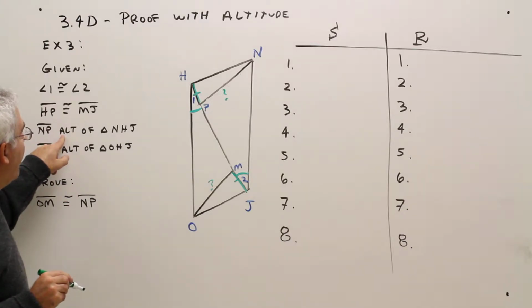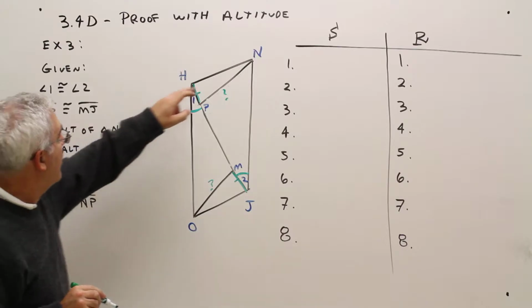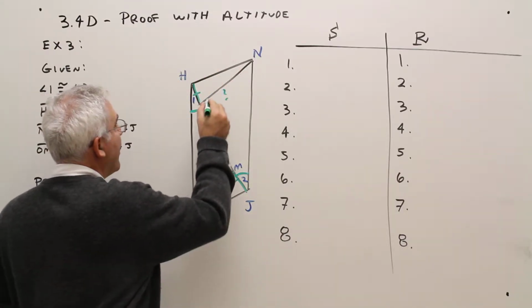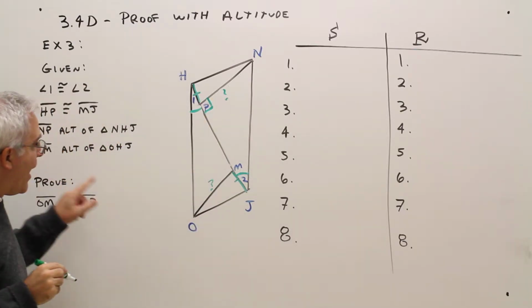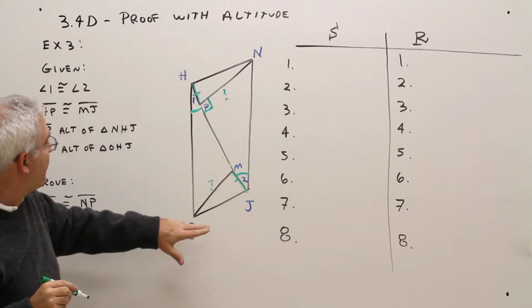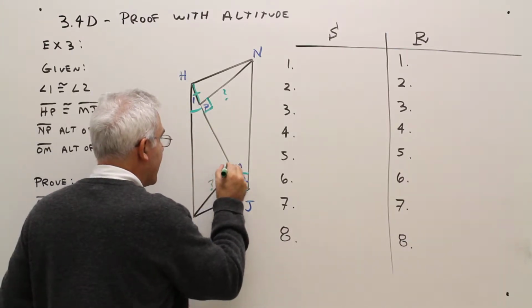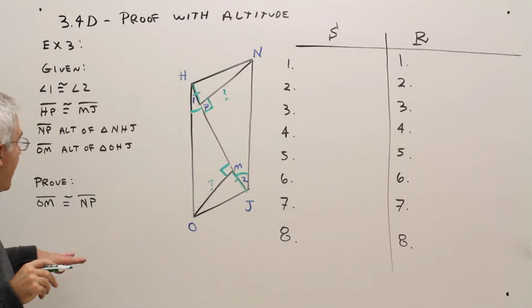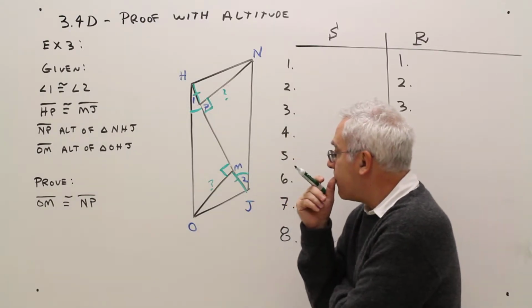NP is an altitude of triangle NHJ. So that means that this is a right angle here. And OM is an altitude of triangle OHJ, which means that this is a right angle right there. Trying to get these question marks to be congruent.